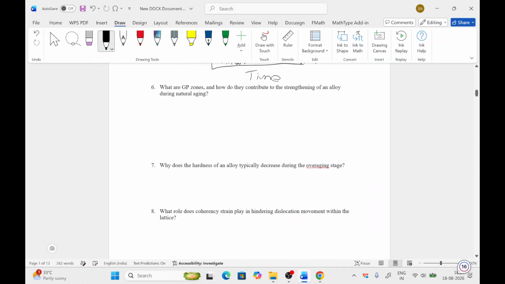Next question is, what are GP zones and how do they contribute to the strengthening of an alloy during natural aging? So in natural aging, clusters of atoms on certain planes are formed.